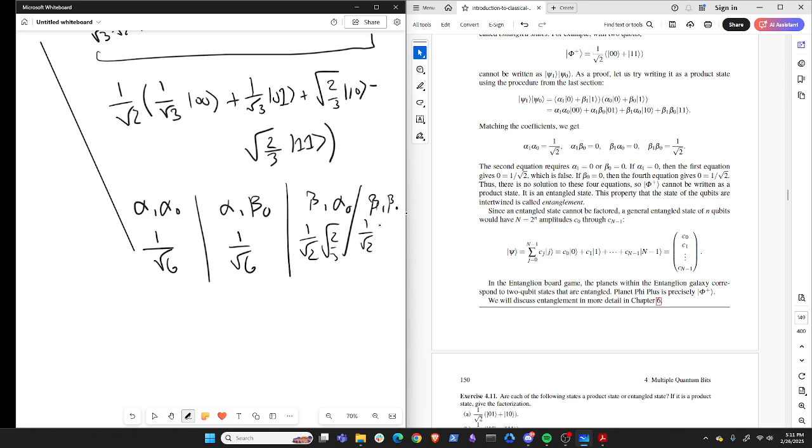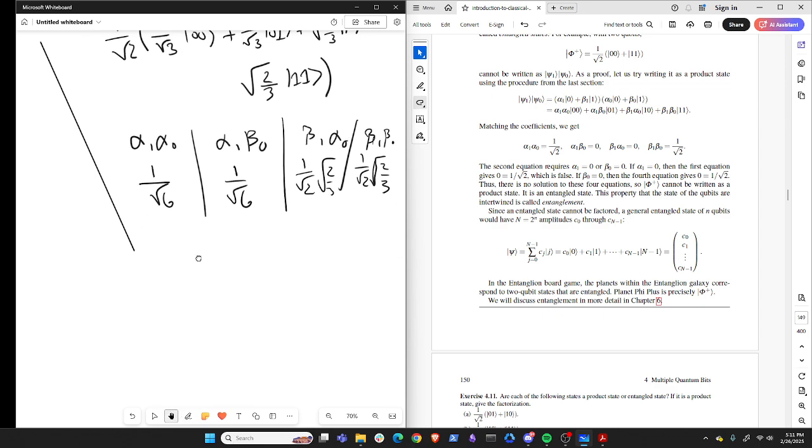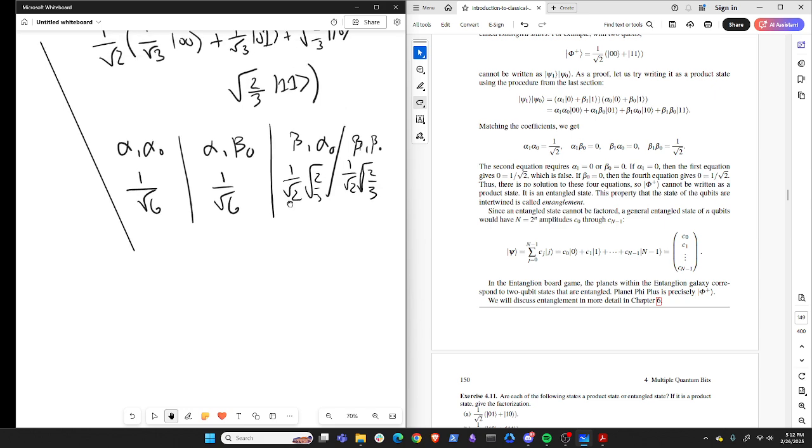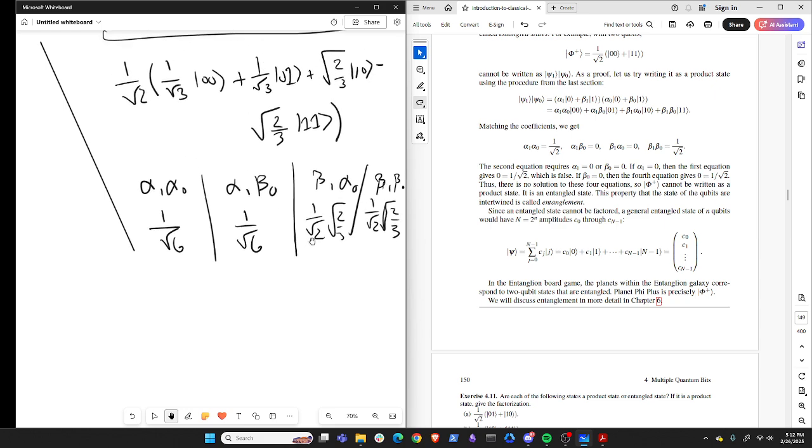And so we want to isolate and get our terms separated. Oh, it's 1 over square root of 2 times 1 over square root of 3. So yeah, just multiplying the two together there. So yeah, no worries. So now we need to isolate and try to solve.